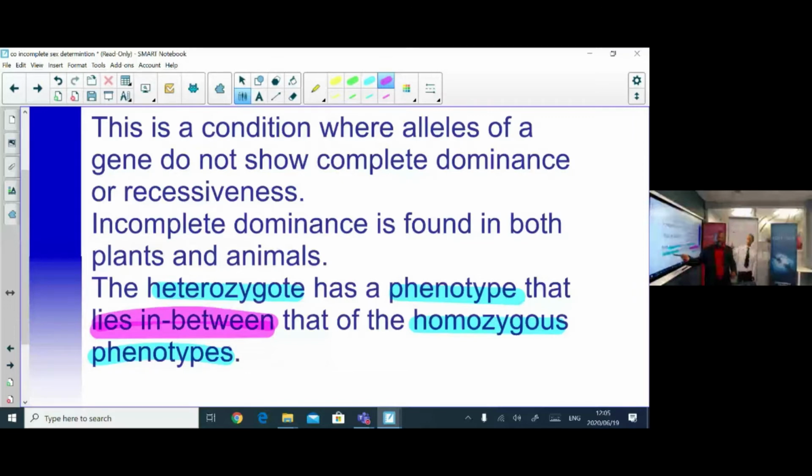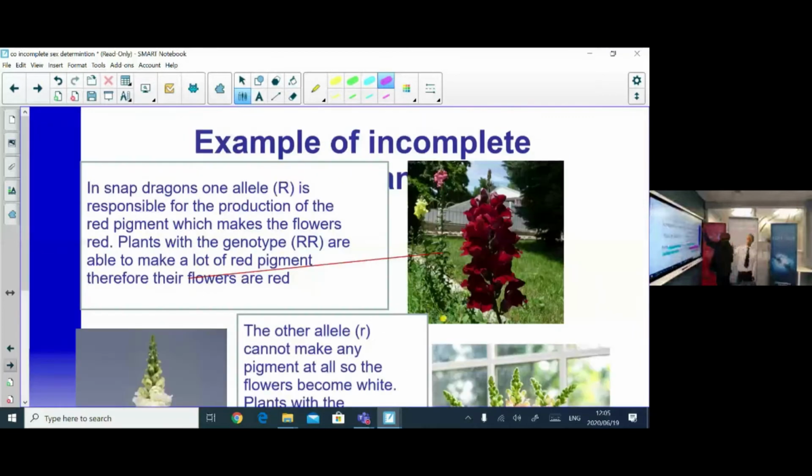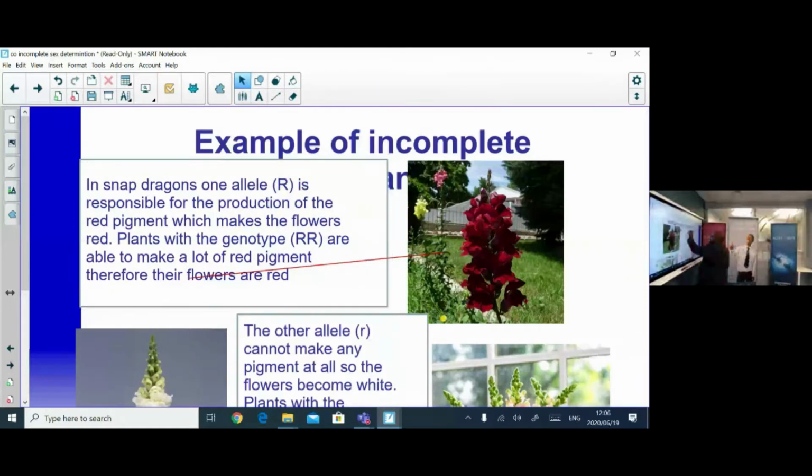I promised that we would look at some examples of incomplete dominance. Remember, by 20 past, we'll move on. I gave an example of snapdragon flowers, where one allele is for red.